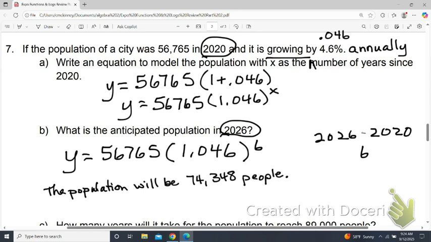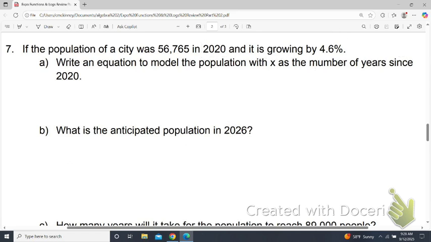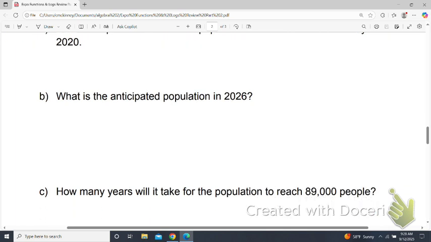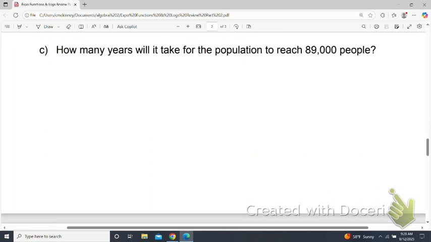And then in part C, once again, we'll be using logs because we're looking for time. All right. So we want to know when the population is going to reach 89,000 people.